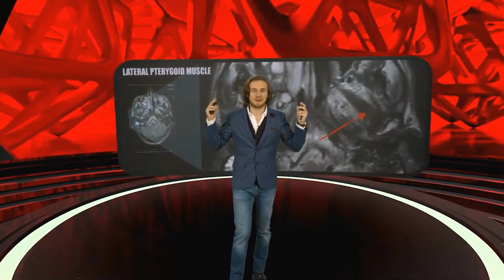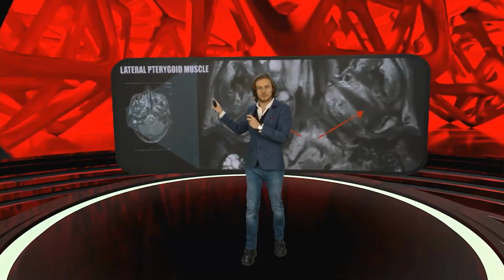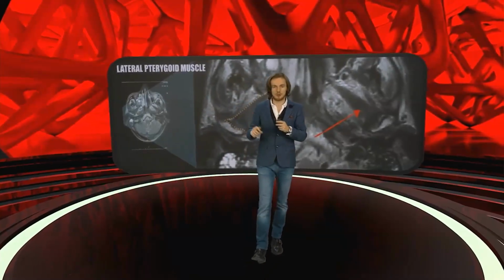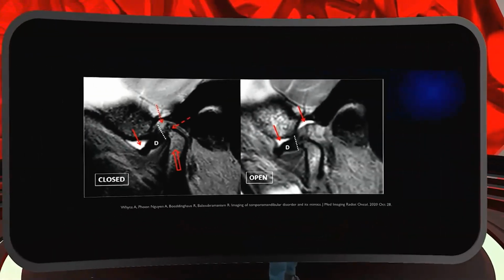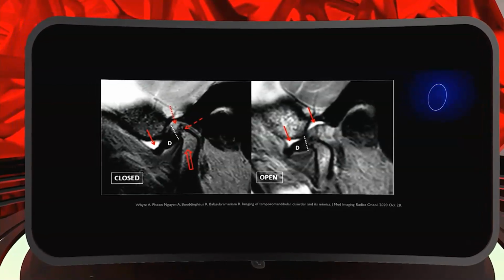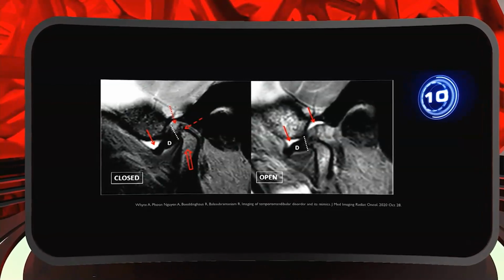We will talk about anatomy and the physiology of the muscles on the MRI to know what is pathology and what is physiology. You will see some videos of my patients where I will tell you exactly what we see on the MRI, what we see on the CBCT, and most of all, you will have your time to make your diagnosis and to summarize your knowledge.